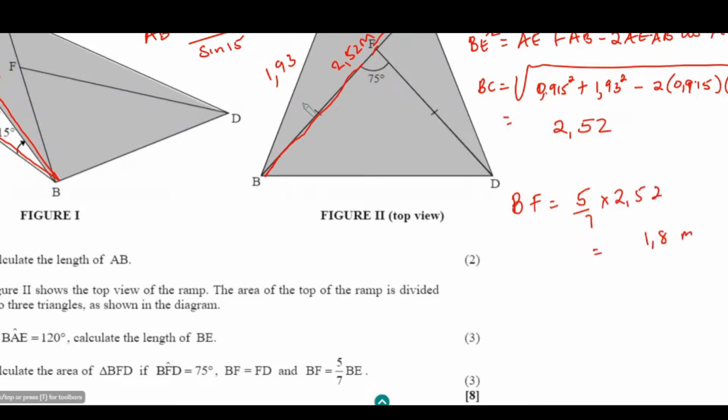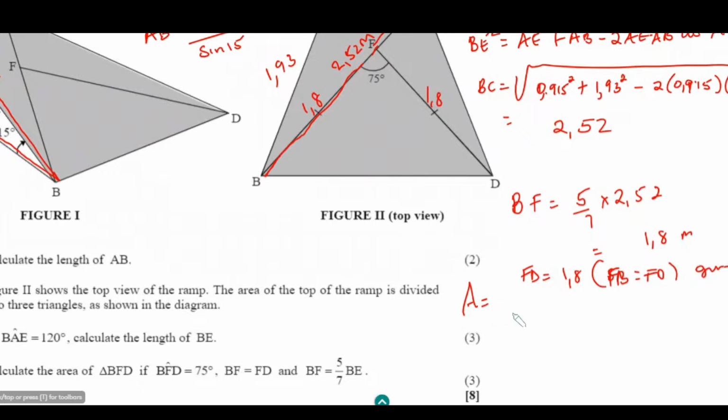So this is 1.8, and then this is 1.8. FB is equal to FD. That's given, they told us there.